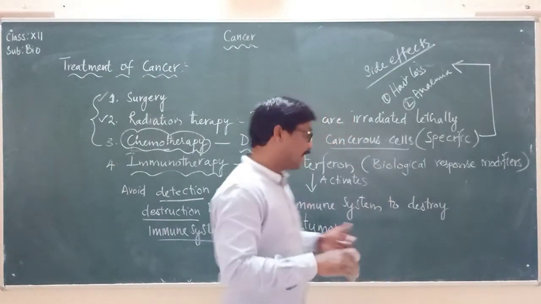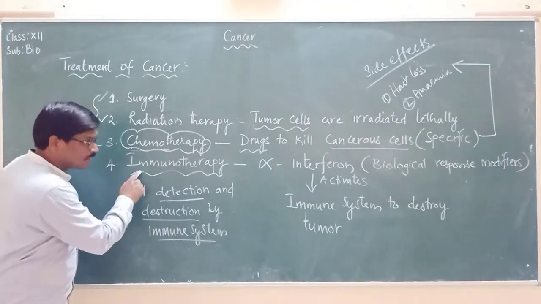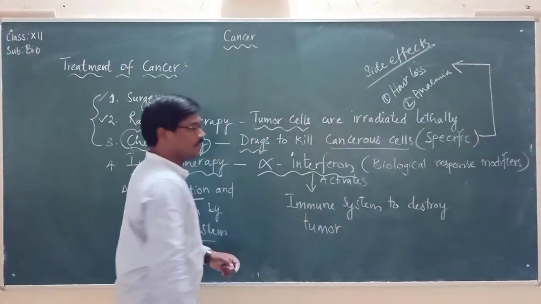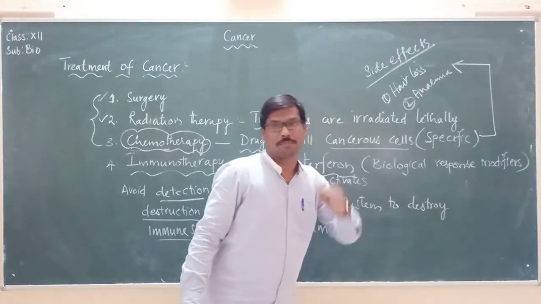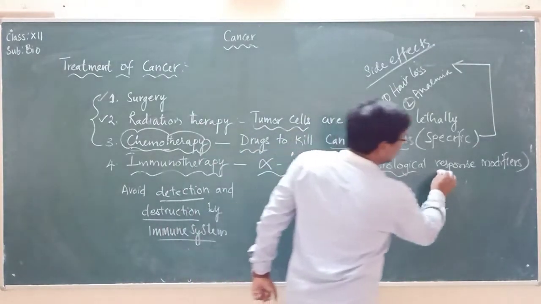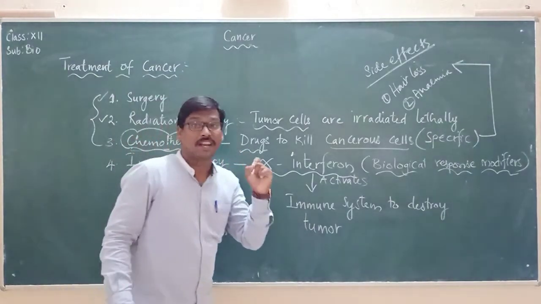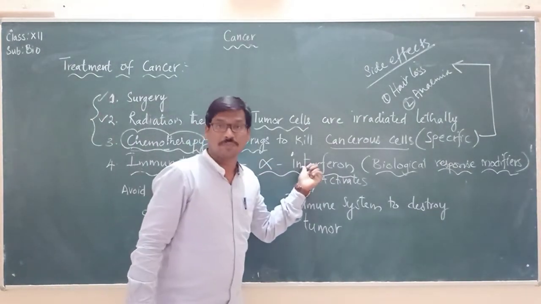That's why there is another treatment which we call immunotherapy. In immunotherapy, they will be administering alpha interferon. It is a biological response modifier. Please remember this. Name the biological response modifier: you have to remember that it is alpha interferon.